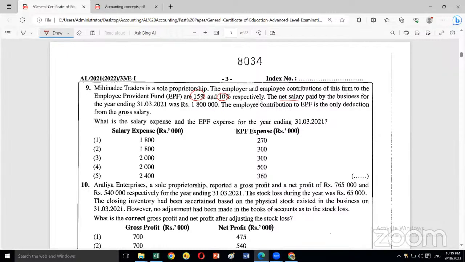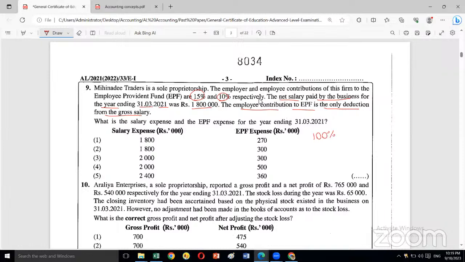The net salary paid by the business for the year ending 31/3/2021 is 1,800,000. The employee contribution to EPF is the only deduction from the gross salary. Always remember this equation. Gross salary is equal to 100%.